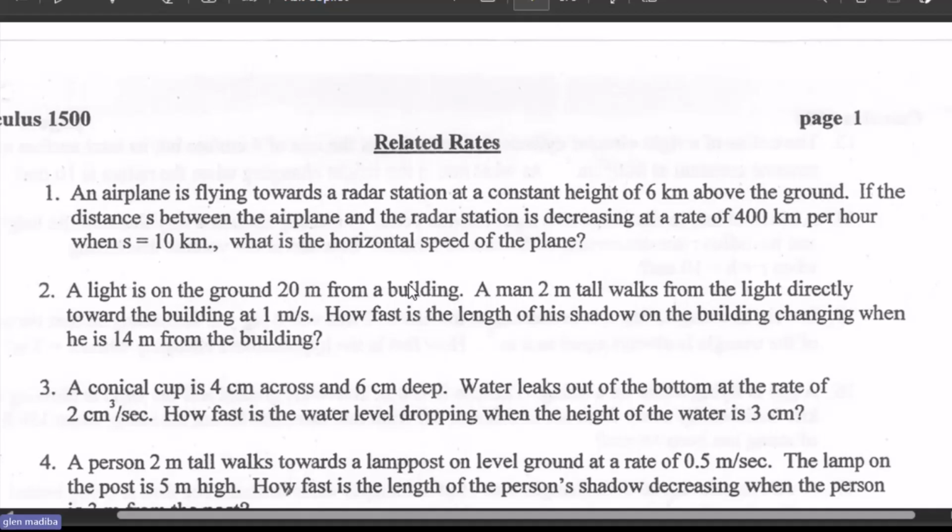But how fast is the length of his shadow on the building changing? Meaning the rate at which y is changing when he is 14 meters from the building. That means dy over dt is what they are looking for. Is it making sense? Yes, sir. Okay. They are looking for dy over dt.